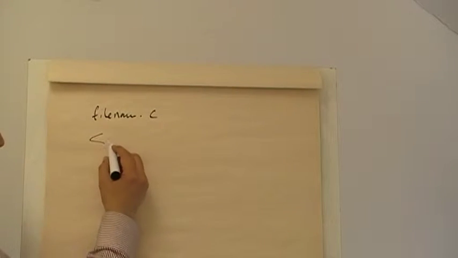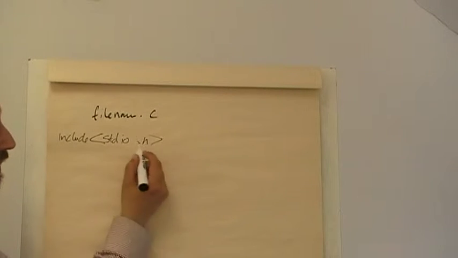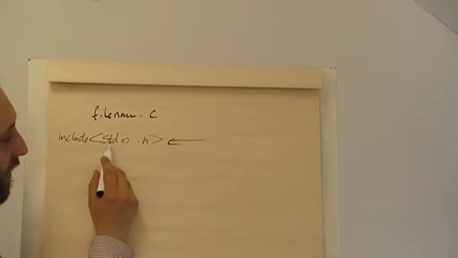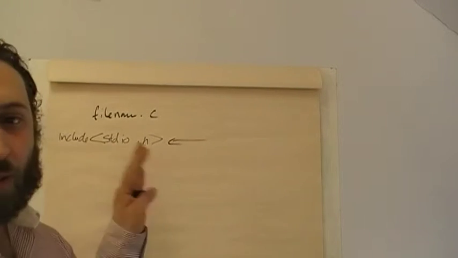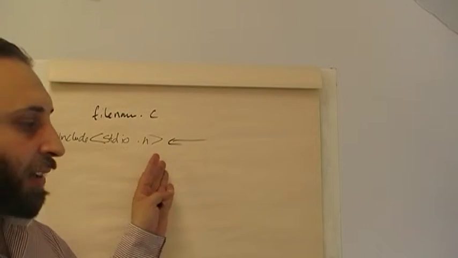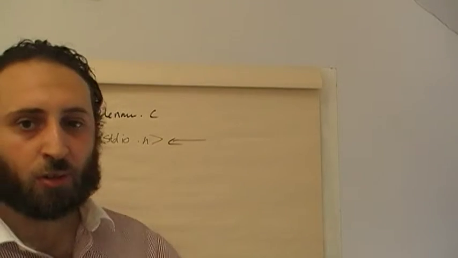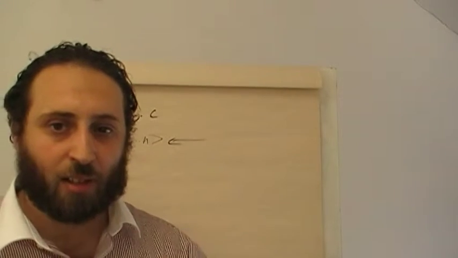So to start the file, first of all, we start with something called include. And we open a less than sign and a greater than sign, and between them we put stdio.h. Now what that is, stdio, has already predefined functions that allow us to write to the screen and to take data from the keyboard.